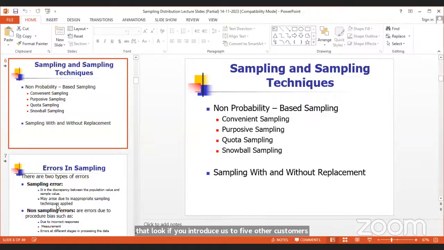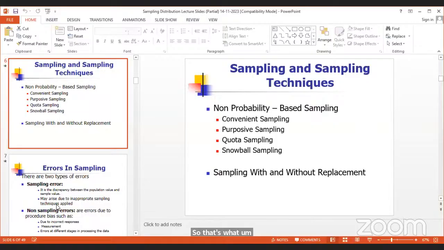And those other customers that have been introduced to you, you also ask them to lead you to 5 each, and then you see the network keep growing and growing and growing. So when you use a member of the population to generate your sample, what you are doing is snowball sampling. So that's what snowballing or network sampling is all about.